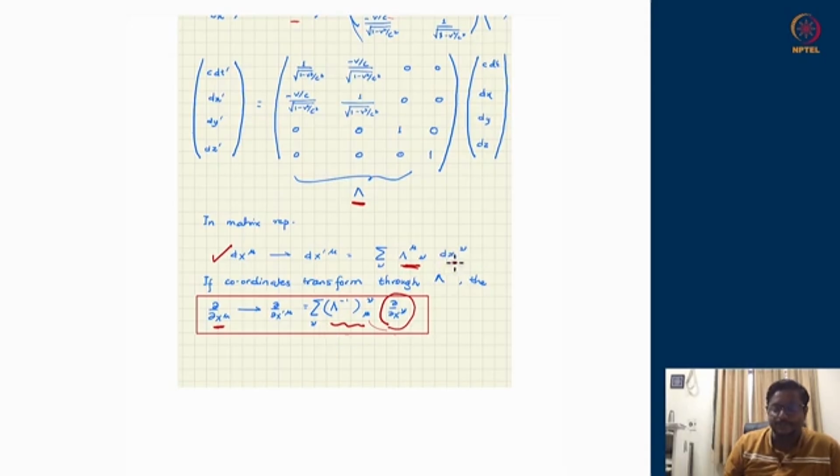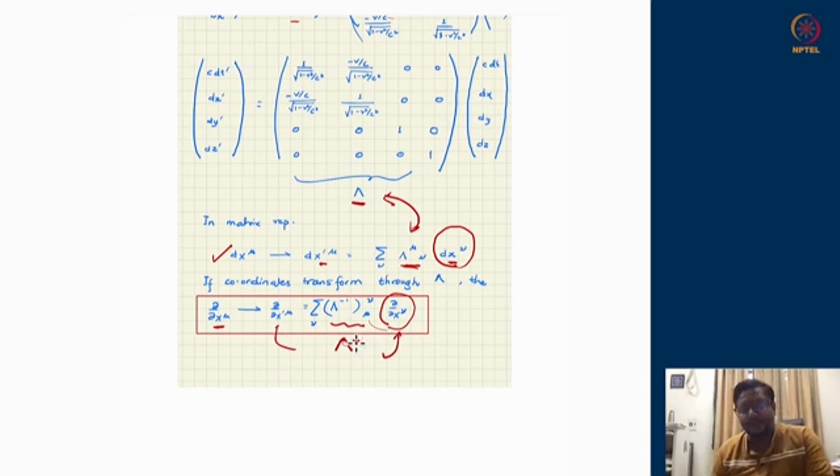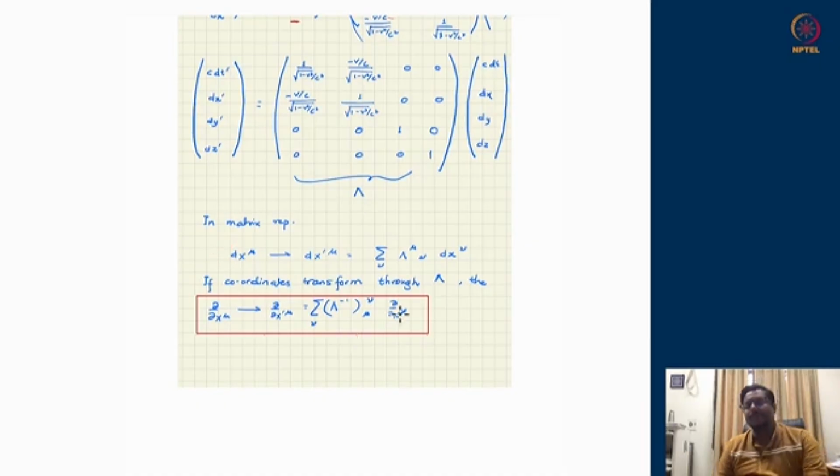So coordinate differentials themselves can be written in terms of their older versions through matrix lambda. Coordinate derivatives can be written in terms of their previous version through a matrix lambda inverse. That is what one can trivially find from the Jacobian transformation. So coordinate differentials transform with lambda, coordinate derivatives transform with lambda inverse.